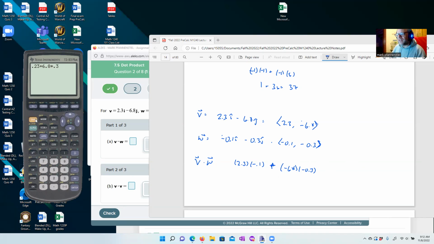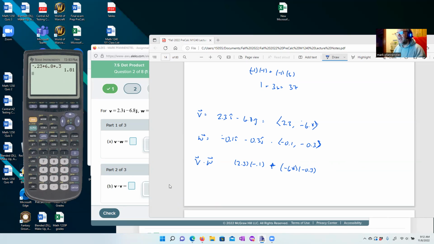We are going to insert, second function, insert, and put a negative sign here, because 2.3 times negative 0.1 is going to be a negative number. The 6.8 times 0.3, that's 2 negatives, that's going to make a positive.